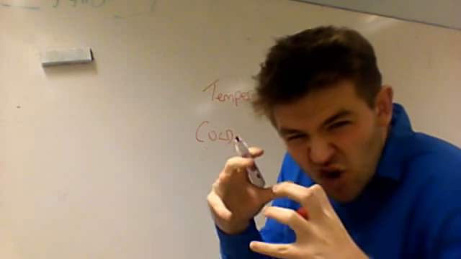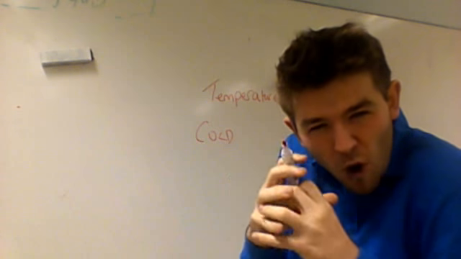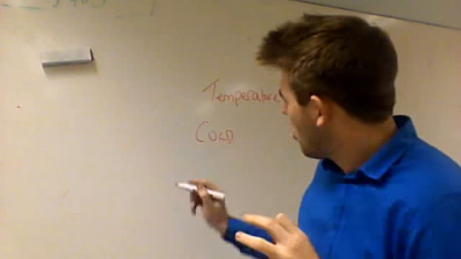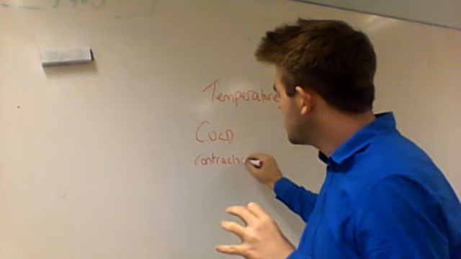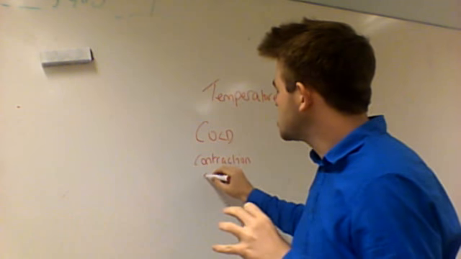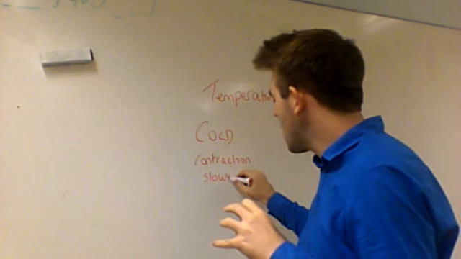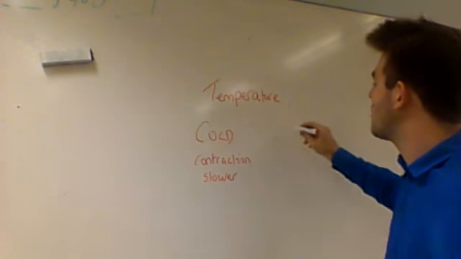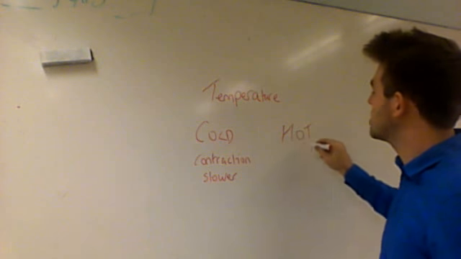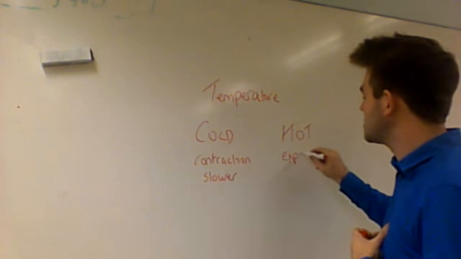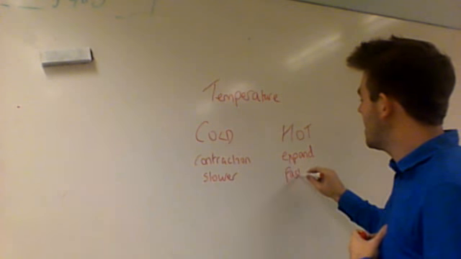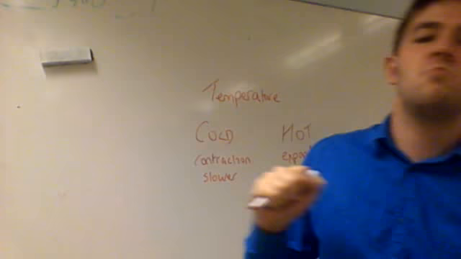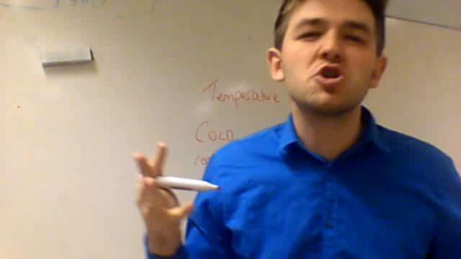And they contract. They get smaller and smaller. So there's contraction, and it's slower. The opposite of when it's hot. When it's hot, the particles start to expand, and they can vibrate, or they can move much faster. They need more space.